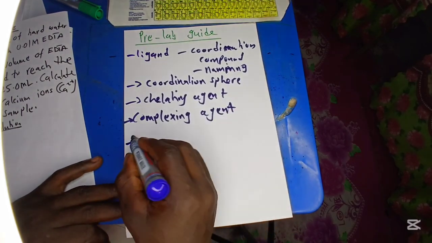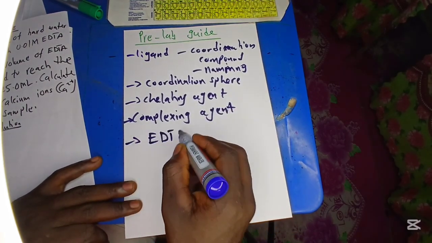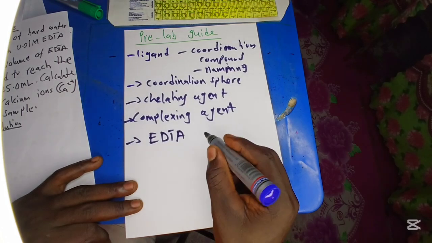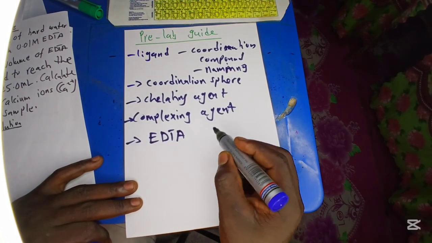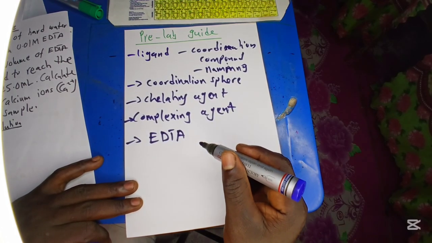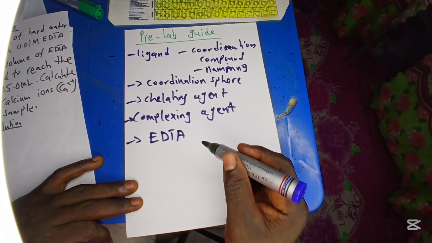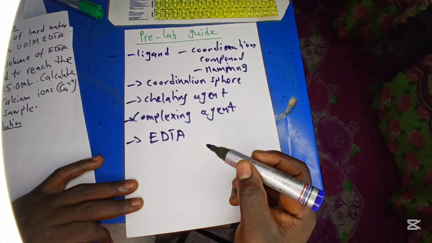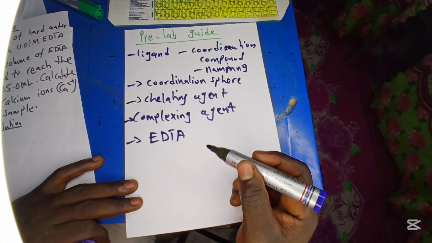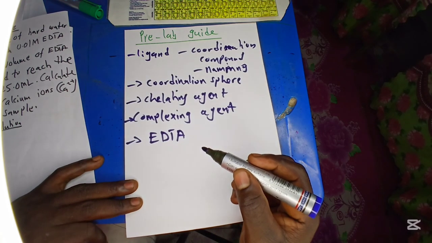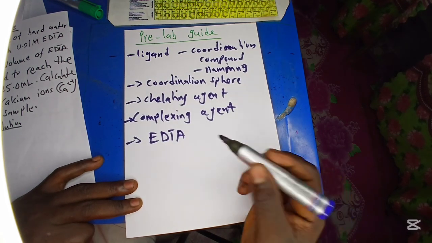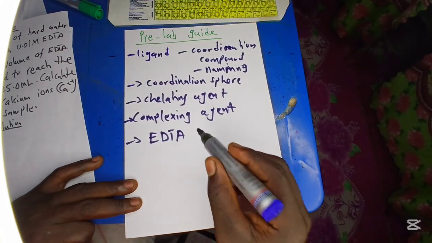And EDTA. EDTA is a hexadentate ligand. Hexadentate because it has a denticity of 6, the number of donor atoms a ligand has. EDTA has 6 donor atoms.